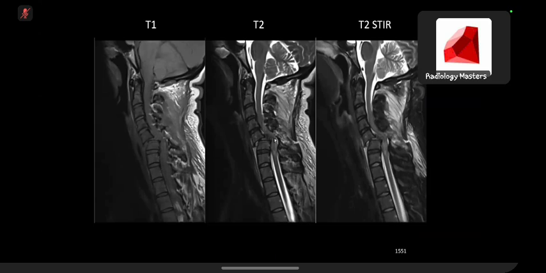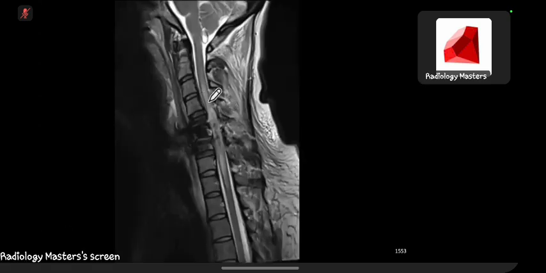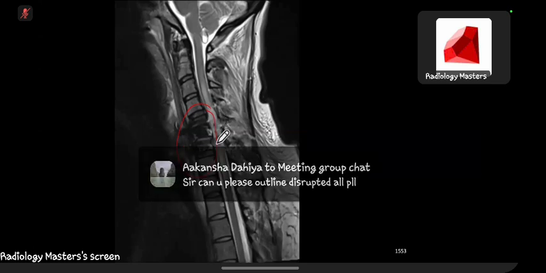Okay, and then you've got disruption of the entire supraspinous ligamentous complex. And then even following the surgical reduction, we've still got edema of the cord.